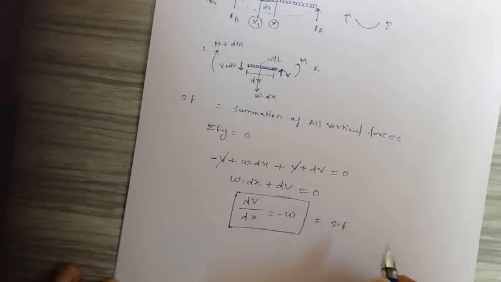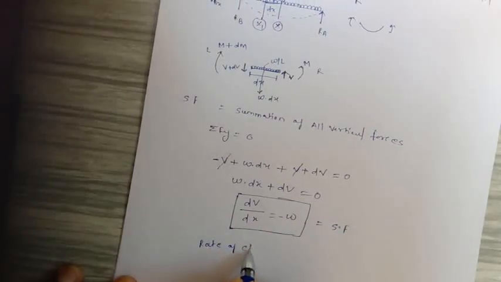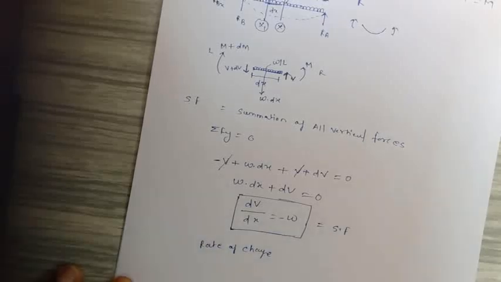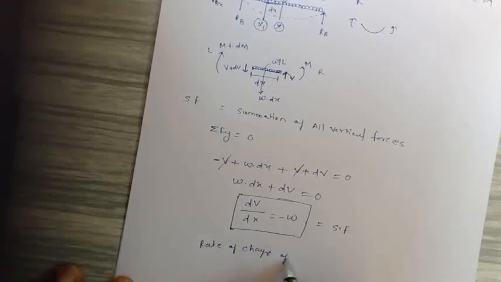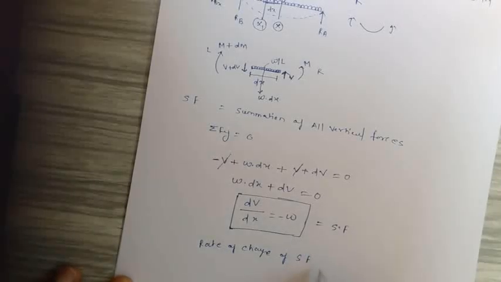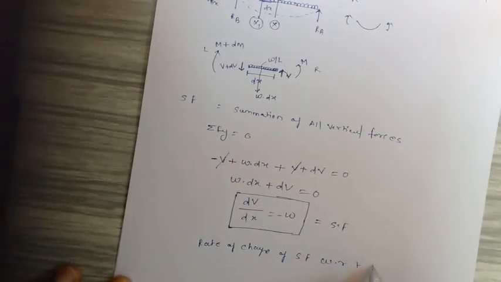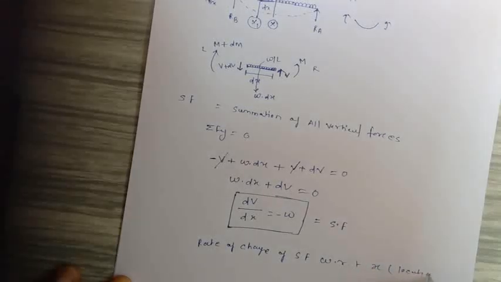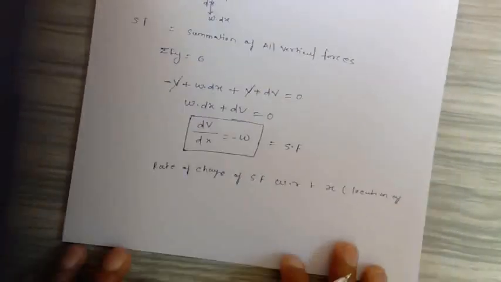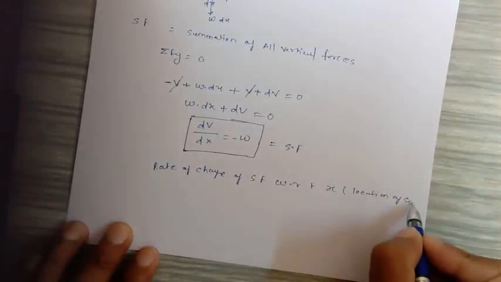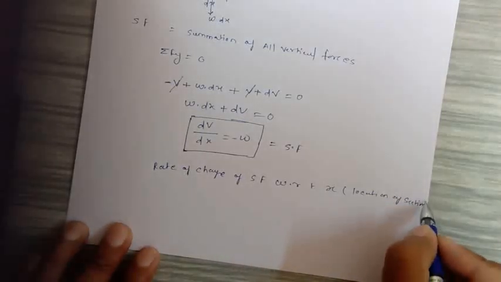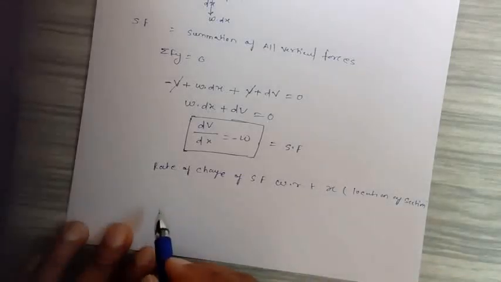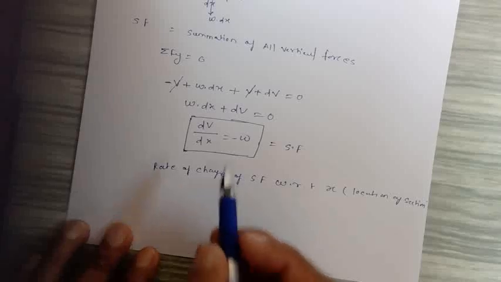Shear force is the rate of change of shear force with respect to x, where x is the location of the section. So dV by dx equal to minus w is nothing but the rate of change of shear force with respect to x.